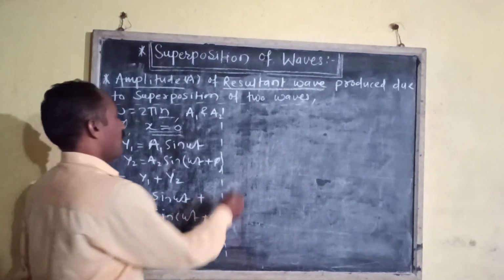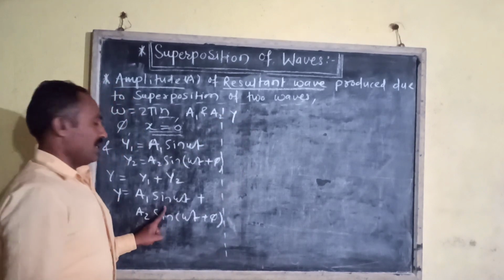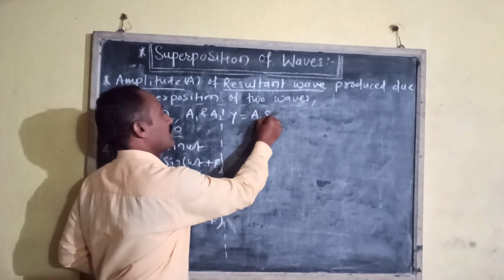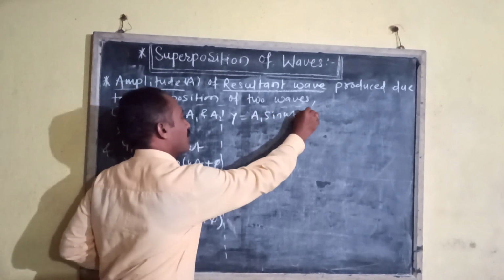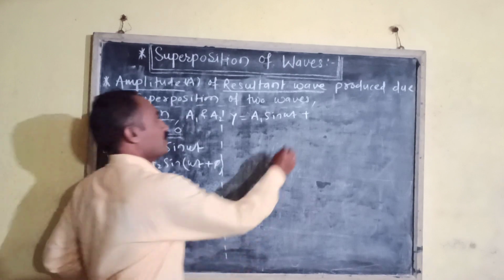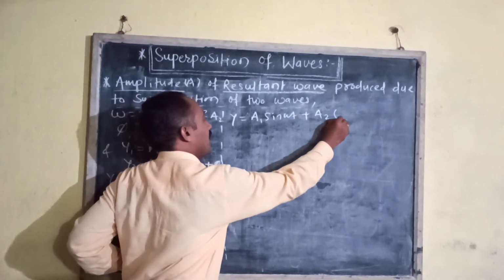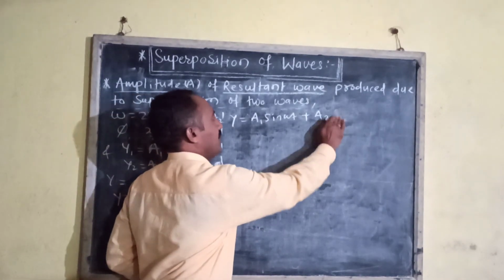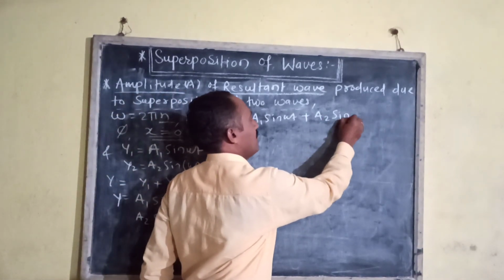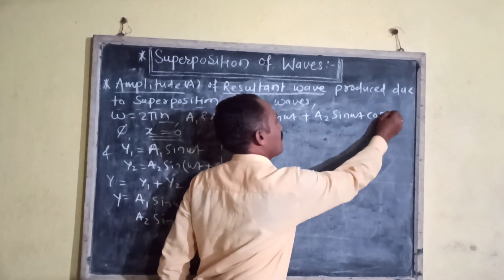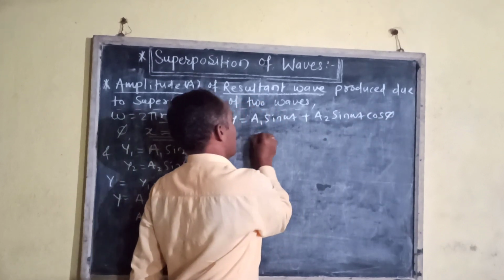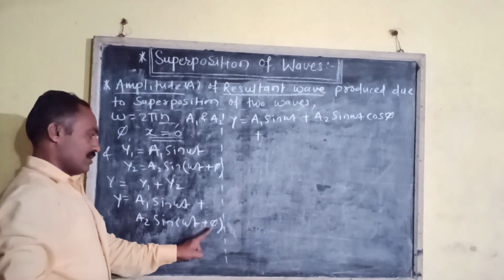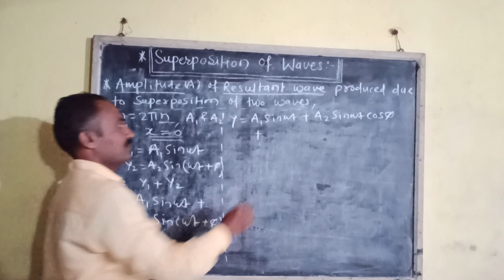We get y is equal to a1 sin omega t plus a2 into, in bracket, sin omega t cos phi plus a2 sin phi cos omega t.